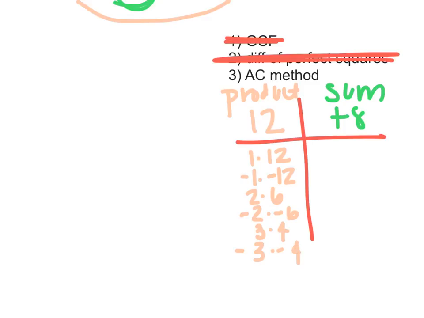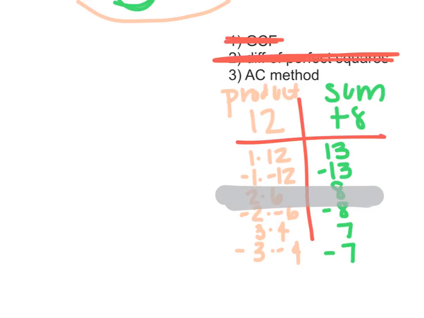If I find the sum of each of those pairs, 1 plus 12 is 13, negative 1 plus negative 12 is negative 13, 2 and 6 is 8, negative 2 and negative 6 is negative 8, 3 plus 4 is 7, negative 3 plus negative 4 is negative 7. Notice that I did have a pair that gave me positive 8 like it was supposed to. So I'm going to use the numbers 2 and 6.